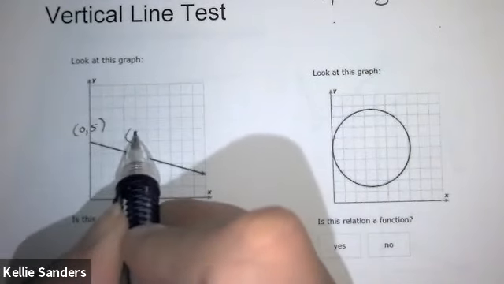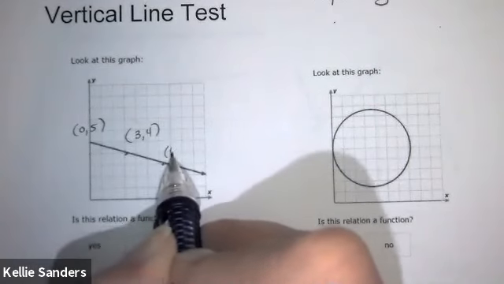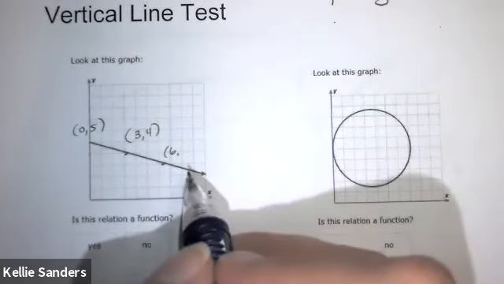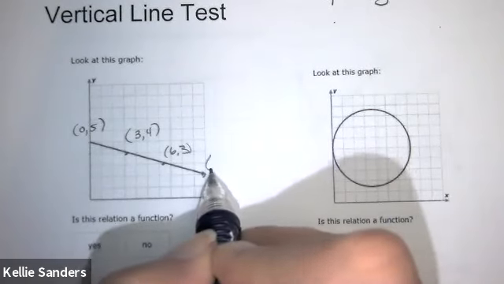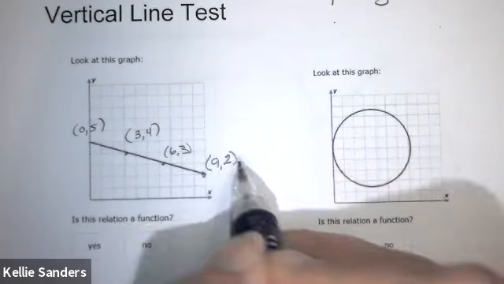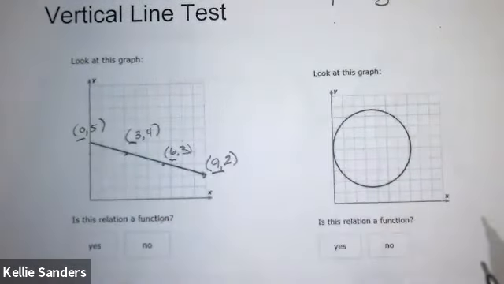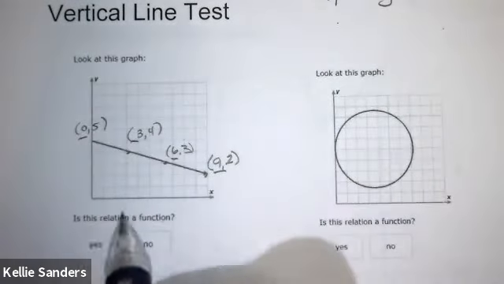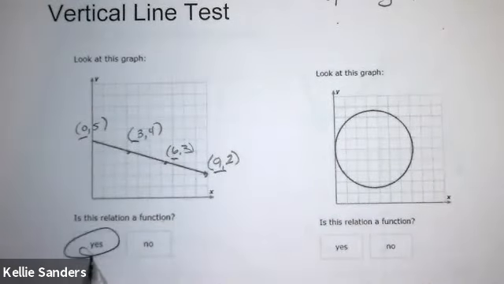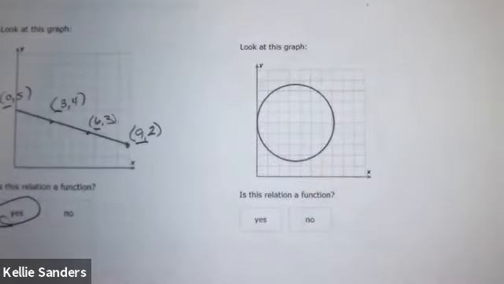This right here would be at 3, 4. This would be at 6, 3, and this one would be at 9, 2. Our x's do not repeat, and when our x's do not repeat, it is a function. So is this relation a function? Yes, it is.